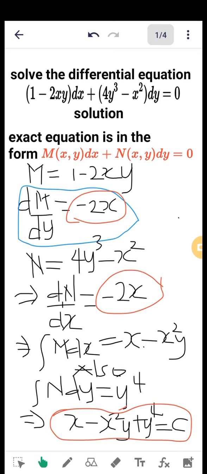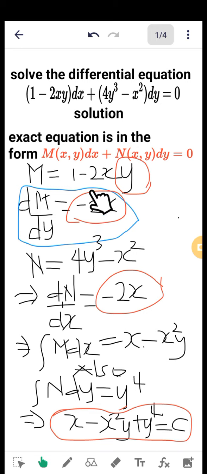So the idea behind an exact equation is that after determining whether the equation is exact, we first write the values of M and N as shown below. And after that, we differentiate M with respect to y.